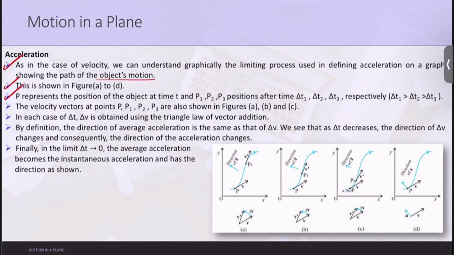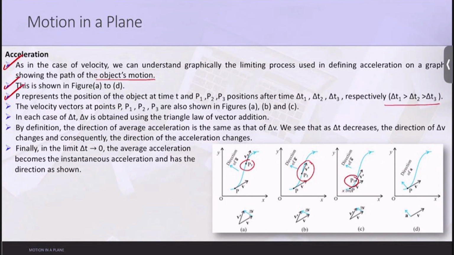P represents the position of the object at time t, and this is P1, this is P2, and this is P3 after times delta t1, delta t2, delta t3 respectively, where delta t1 is greater than delta t2 is greater than delta t3.